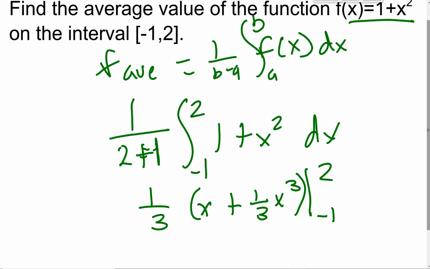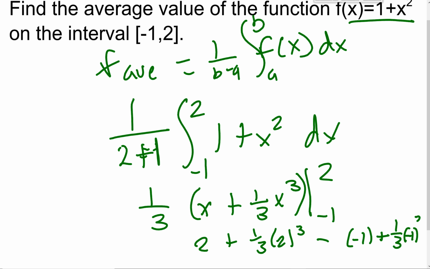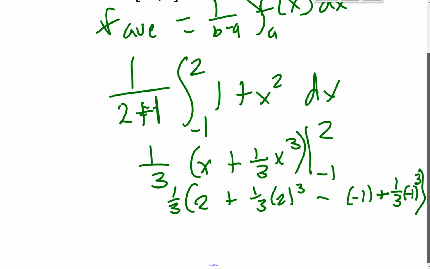Then I can plug in my 2, subtract, plugging in my -1, and then multiply that by 1/3. So I evaluate that, and I get 2. So my average value of the function is 2.